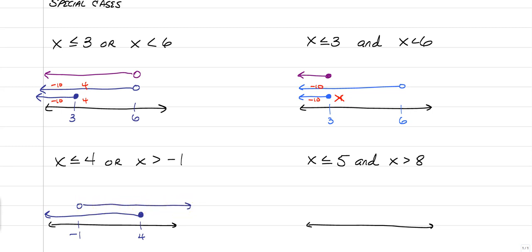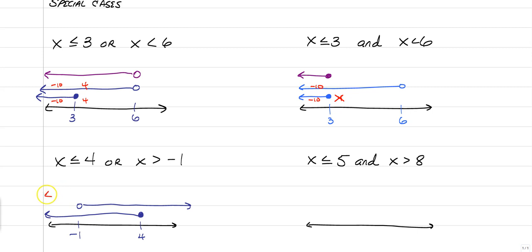So let's do some tests here. Does negative 100 satisfy this? Yes, it does, because it's less than or equal to 4. Does 0 satisfy this? Yes, it does, because it's in between negative 1 and 4. Does 10,000 satisfy this? Yes, it's greater than negative 1. So anything on this line technically works.